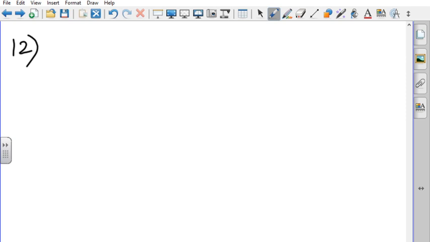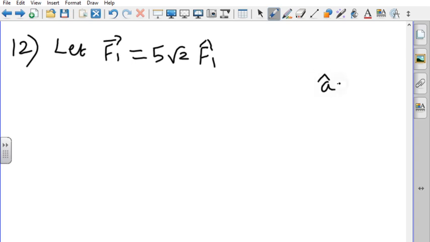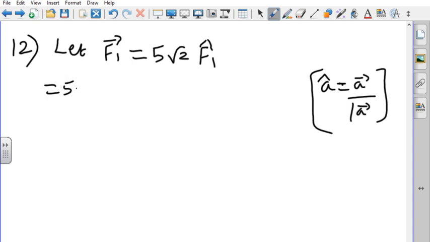So here, let F1 vector be equal to, magnitude is given as 5 root 2, F1 cap. We have seen already that if A is a unit vector, then A cap is equal to A vector by modulus of A vector. This we have studied in plus 1. Therefore, F1 vector can be written as 5 root 2 into F1 vector by modulus of F1 vector.